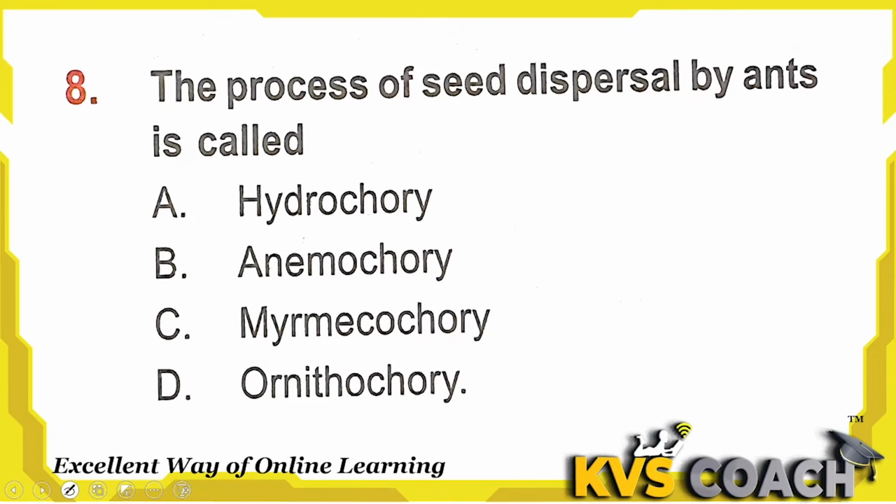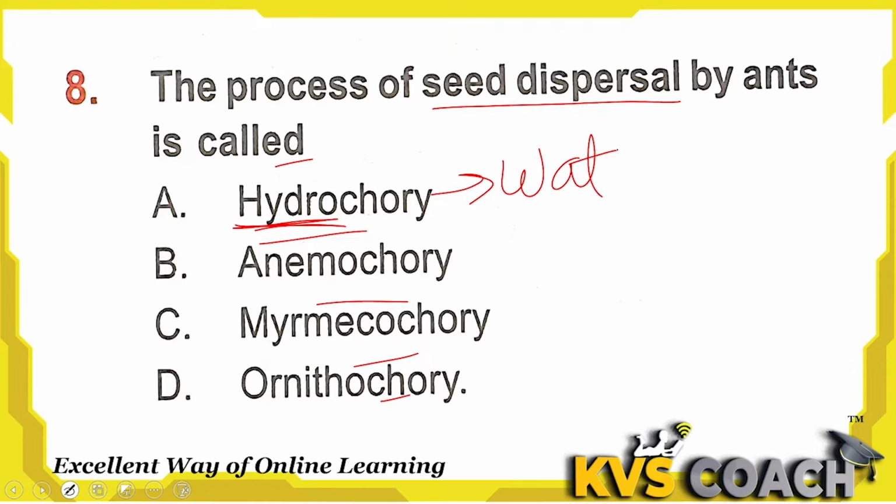Next, the process of seed dispersal by ant is called. Seed dispersal, if you studied this chapter, you have noticed that seed can be dispersed by wind, by water, by birds, by animals, by humans. Okay, so different types of things which can disperse the seed have different types of terminology. Like option A, hydrochory. Hydro is related to the water, so hydrochory means the seed dispersal by water.